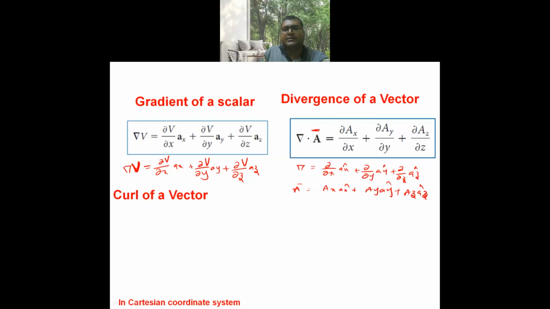The divergence of a vector a bar is the dot product between the del operator and vector a bar, that is dou Ax by dou x plus dou Ay by dou y plus dou Az by dou z.